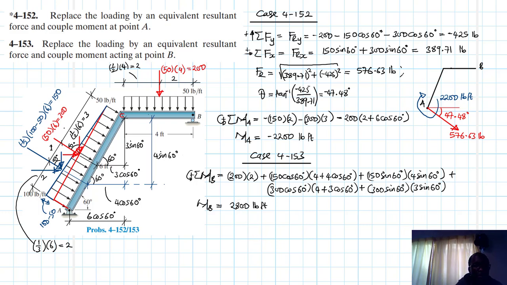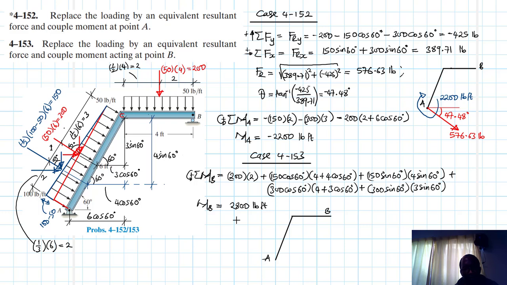So let's draw this. We have this, something like this. Maybe move it a little bit down, maybe somewhere there like so. Great. So let's call this point A and this point B. The forces will remain the same, they will not change.